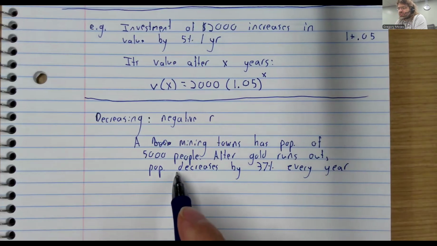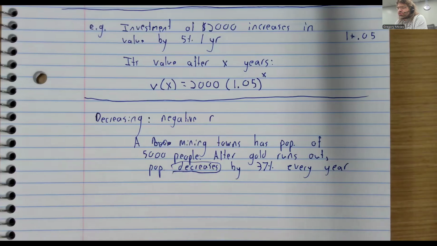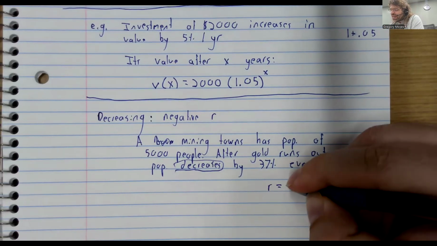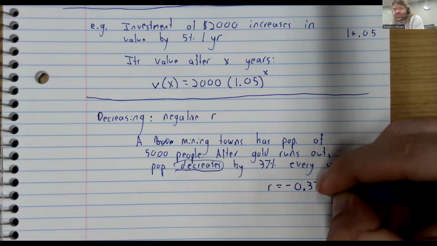So here, because the population is decreasing, R is negative 0.37.